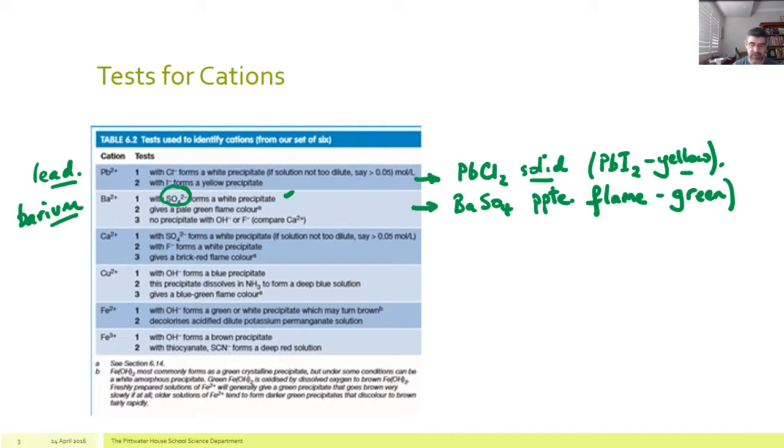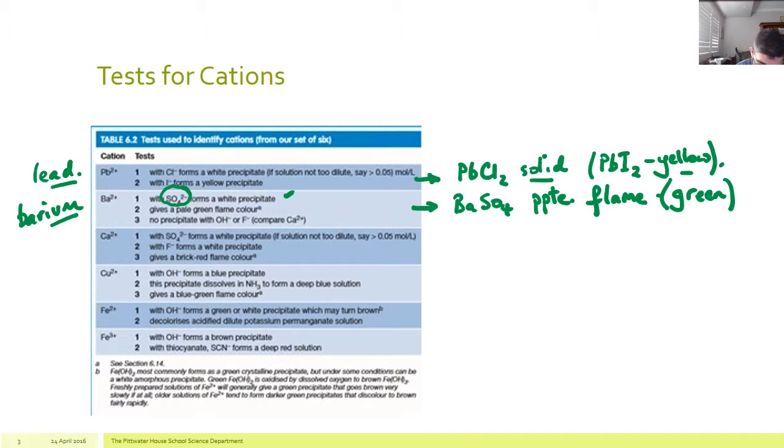So it's a paler green, but it is nevertheless a positive result for barium ions when you put them in a flame. So we've got two tests now for barium ions. One, a precipitation test, which uses sodium sulfate ions, and one which is a flame test.